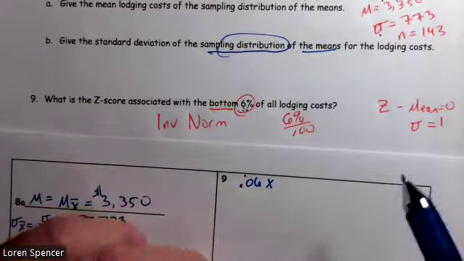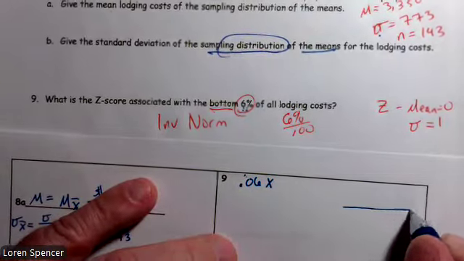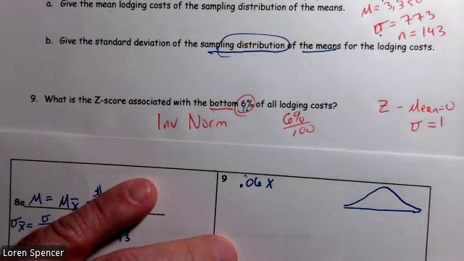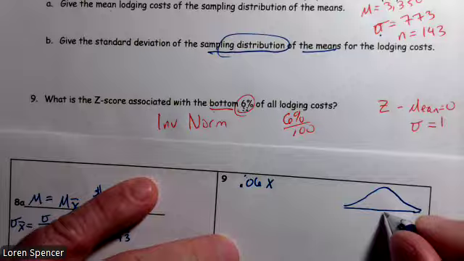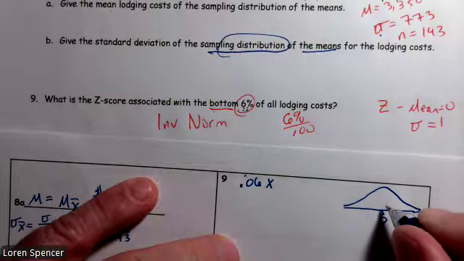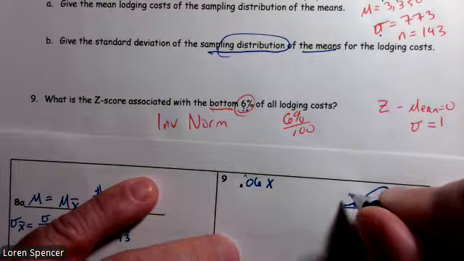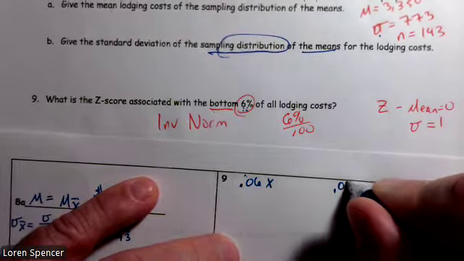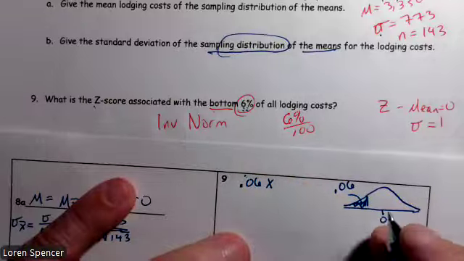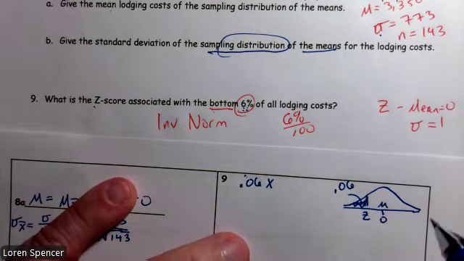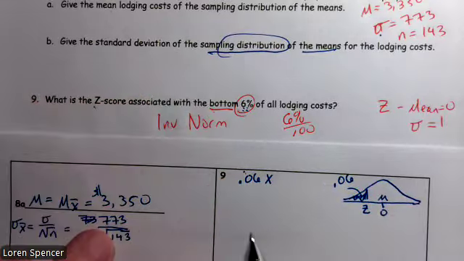So with that said, mean is 0. And this area right here is 0.06. And we are not looking for an X value. We're looking for a Z-score. So that should be a Z, and this should be a little mean. So then we're going to go ahead and write inverse norm.